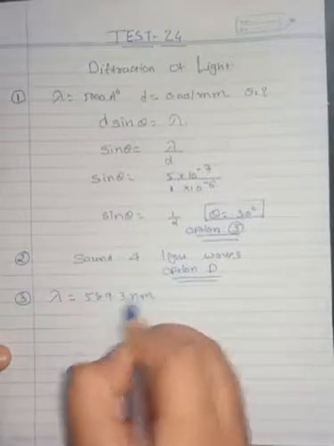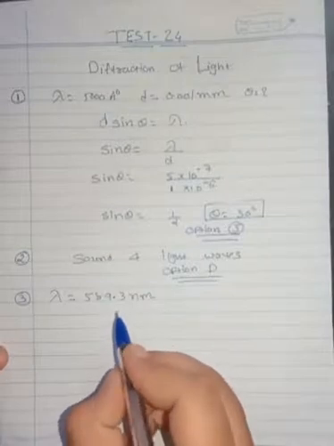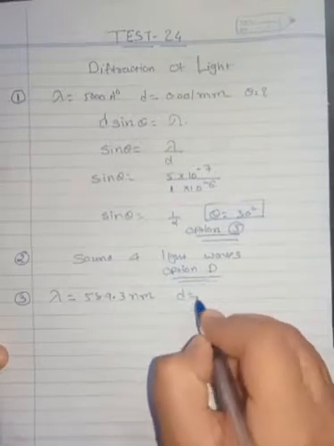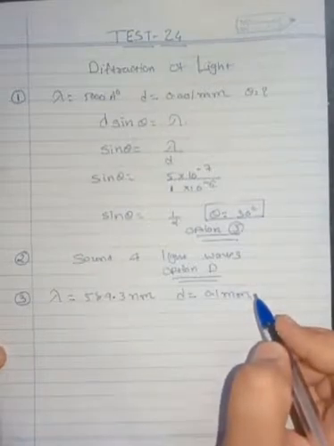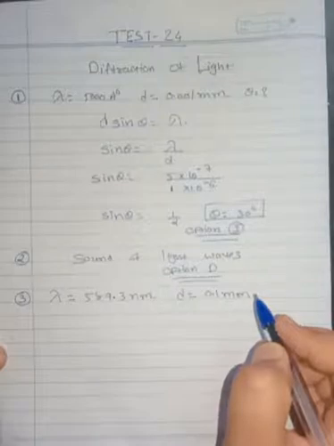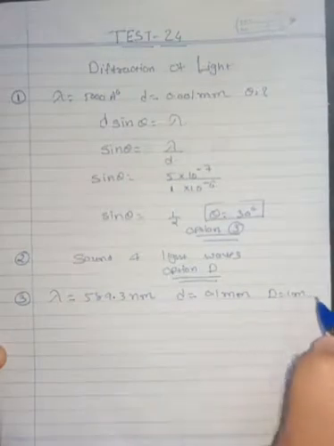In question number 3, light of wavelength lambda is equals to 589.3 nanometer is incident normally on the slit of width 0.1 mm. What will be the angular width of central diffraction maximum at a distance of 1 meter from the slit?